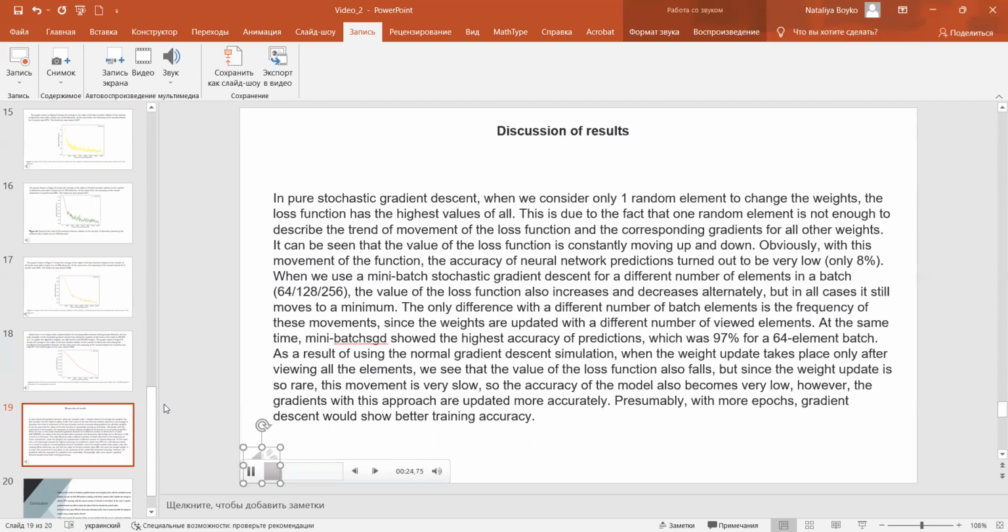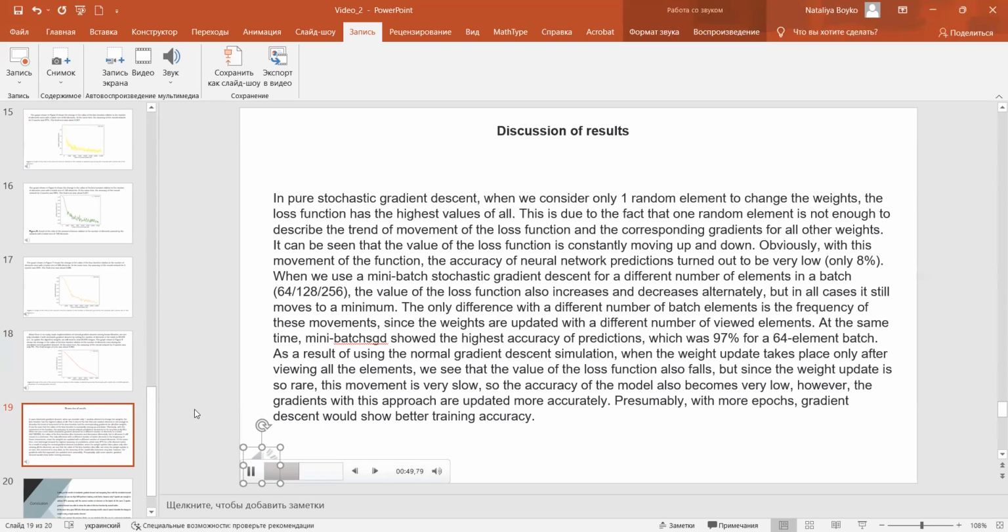It can be seen that the value of the loss function is constantly moving up and down. Obviously, with this movement of the function, the accuracy of neural network predictions turned out to be very low, only 8%.